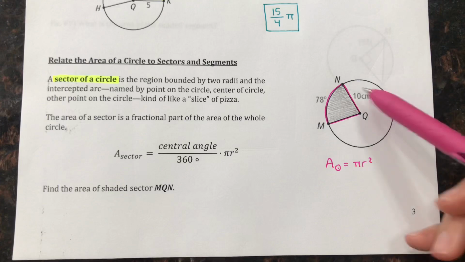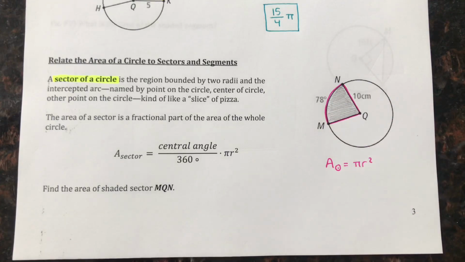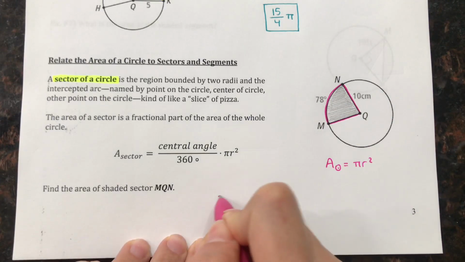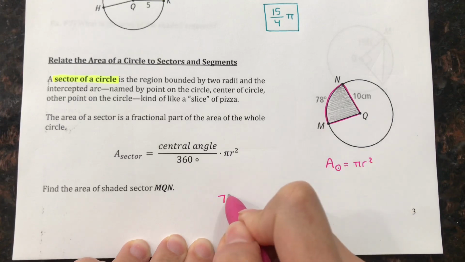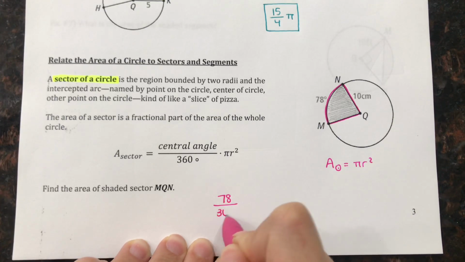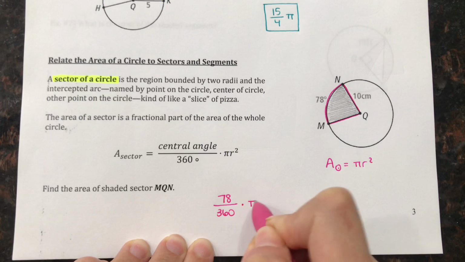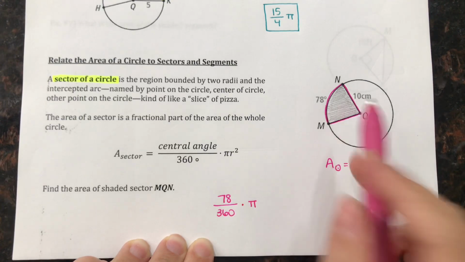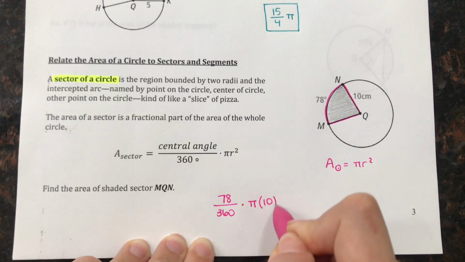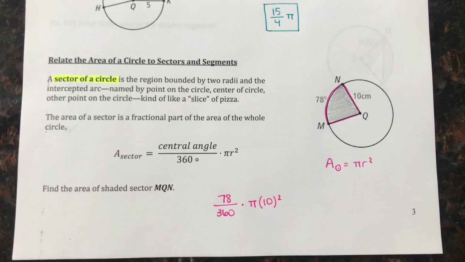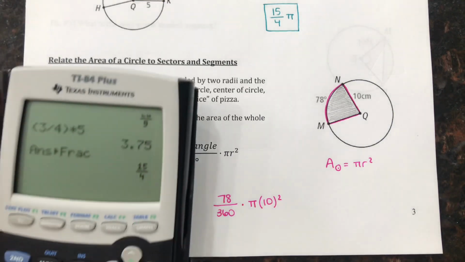So if we're looking for the area of this sector, I would do 78 degrees over 360 times pi times r, which is 10, squared. It doesn't say that we need our answer in terms of pi, so I'm just going to type this whole thing into my calculator.